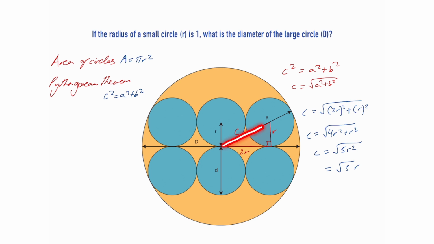But to get the full length, the full R, to solve the problem, we need to find the relationship between the radius of the small circle, which we're given, and the diameter or the radius of the large circle. Either one is going to net us the final answer. So this R is going to be complete if I extend that c a little bit more to the outer edge of the circle.